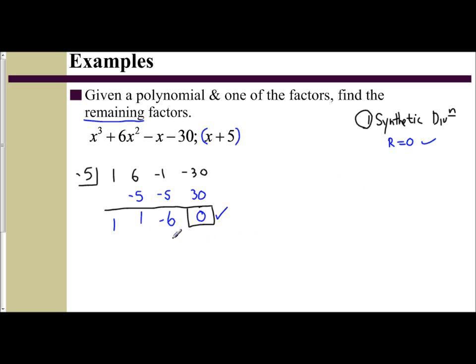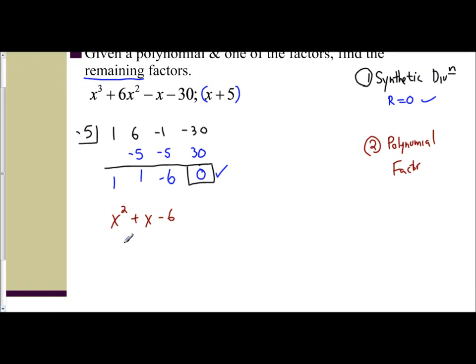Next, you take a look at the polynomial that remains after you do the synthetic division, and that would be x squared plus x minus 6. So you look at the polynomial that remains and you factor it down. If I have x squared plus x minus 6, this is factoring a trinomial with a leading coefficient of 1.